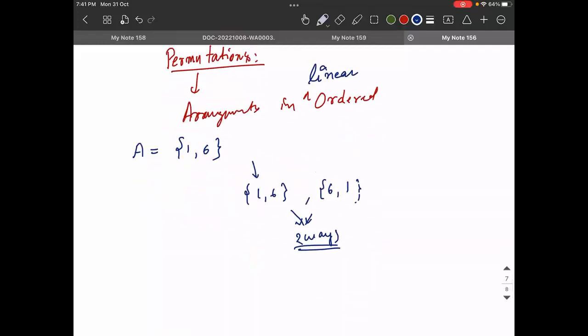Understanding this? So in permutation, our order really matters. In combination, we will see order doesn't matter. Permutation means arranging things in a linear order. You have to understand this linear order. That means the counting principle will come into action.